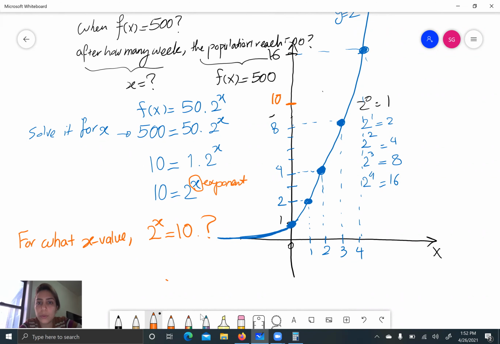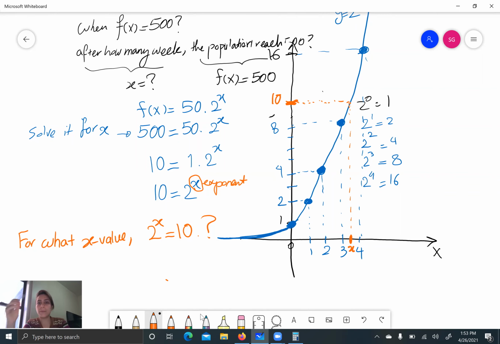So the question is, for what input value is the output 10? Graphically, I can see that that x value is somewhere here. I can see that x must be a value between 3 and 4.